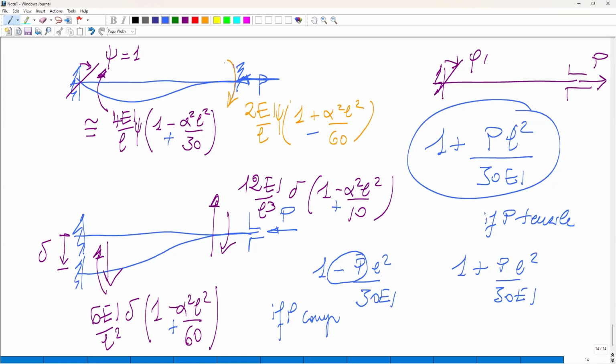So this formulation is not only powerful from the numerical point of view, but it's also physically evident. You really see from how it's written that a compressive axial force is reducing the stiffness, and the tensile axial force is increasing it. But we can do even better.